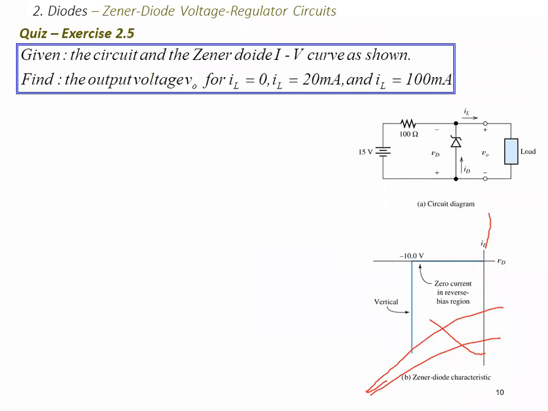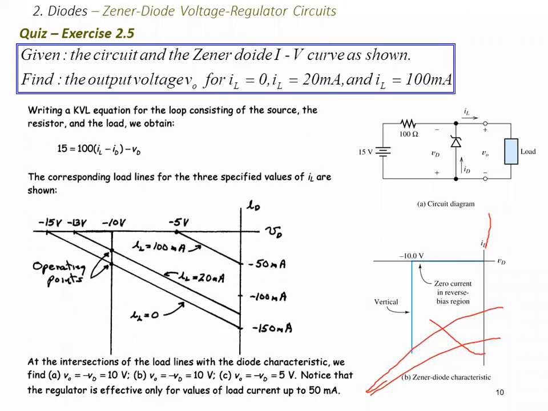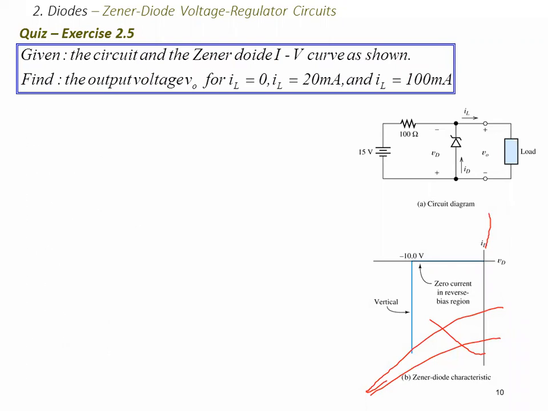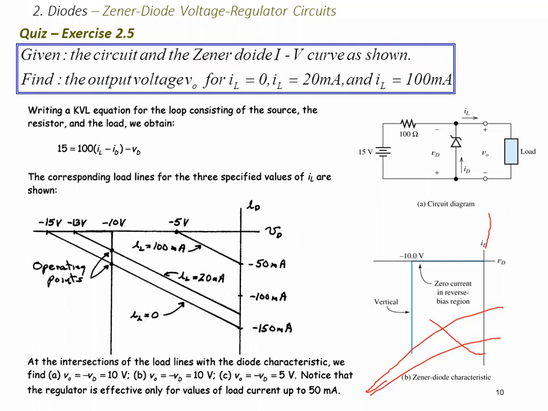Then also given the circuit of the Zener diode as shown, find the output voltage for IL equal to 0, IL equal to 20 milliamps, and IL equal to that. Sorry. So again, we are looking at a situation whereby the load current is already given, right?